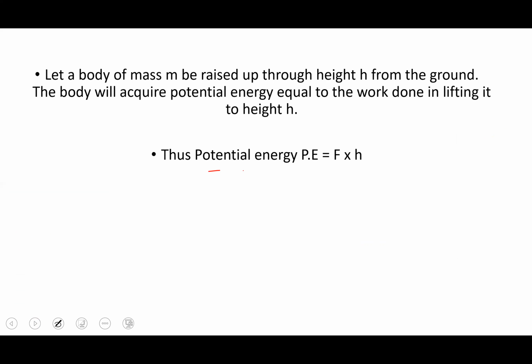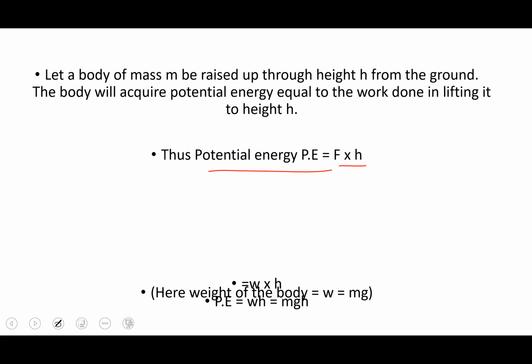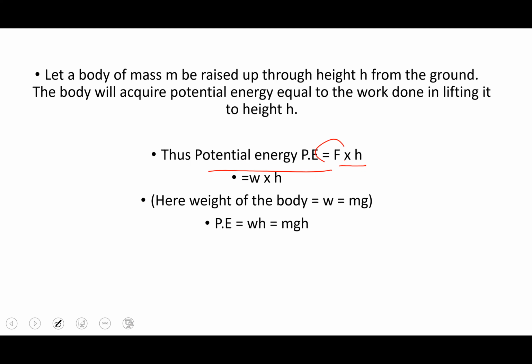Such potential energy is equal to F into h. Here we can say the force is the work done and h is the height. In this case, simply, the force can be represented as the weight of that body, because W is equal to mg, and weight is a force, and there is a height also where it moved from one place to another.